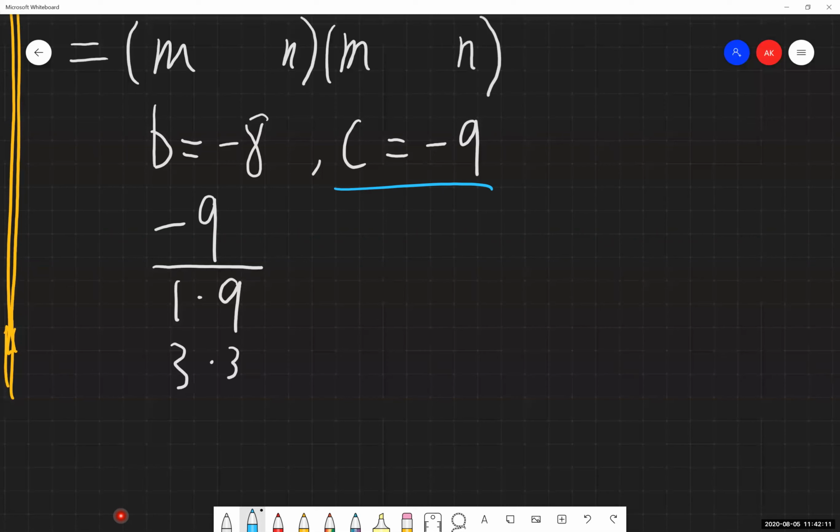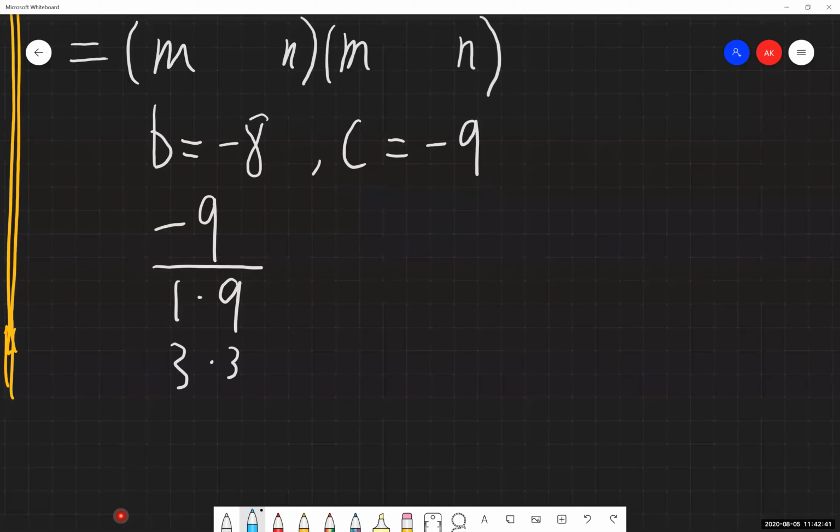Are the signs of these columns going to be the same or are they going to be different? Based on the sign of C, which is a negative number, that tells me that the signs of my two columns are going to be different from one another. One is going to be positive, one is going to be negative.